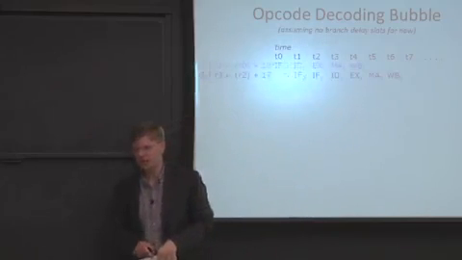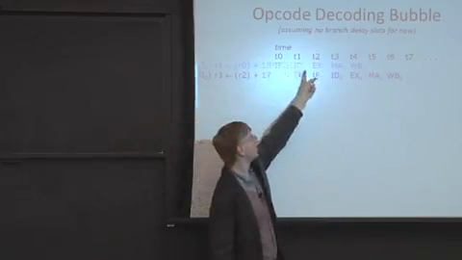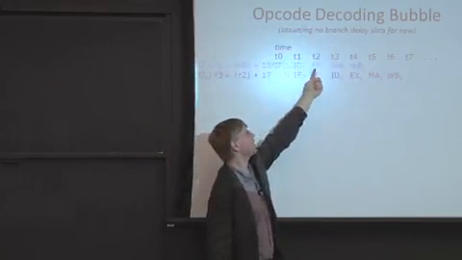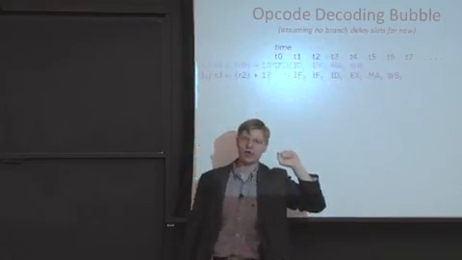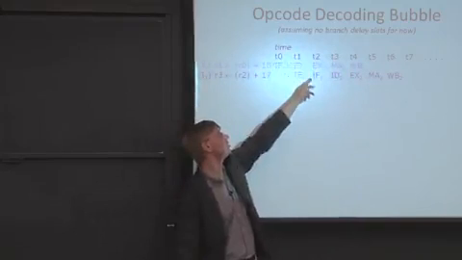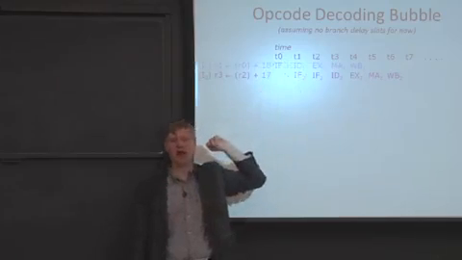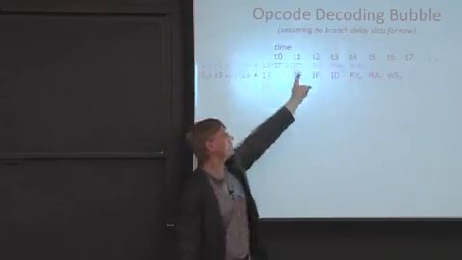And we're not able to use that information until the end of this cycle, which would be sort of here. And we would need that information to determine what's going on here. So if we had a branch, for instance, it's not able to get around and change the program counter and change what is being indexed into the instruction memory on this cycle.